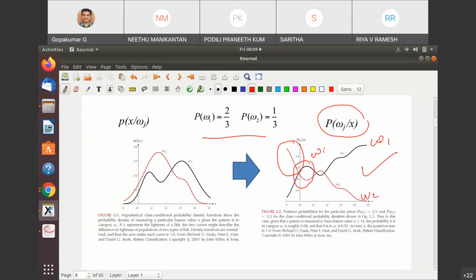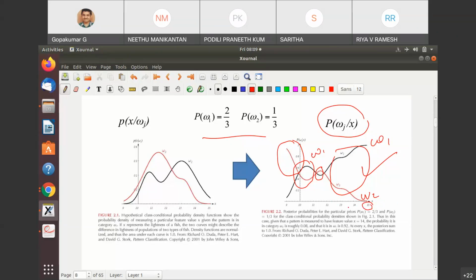Okay, and again it becomes W2, and then it becomes again say W1. So that way we have different probability values, and so the different x values, because along the horizontal axis we have the single feature that we have considered.